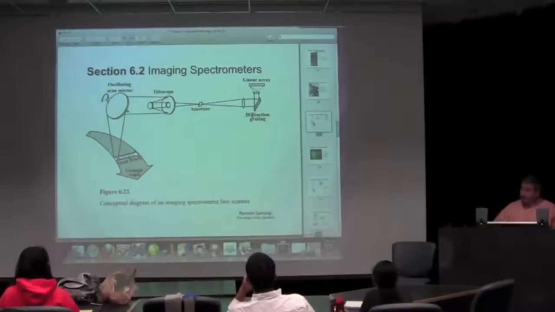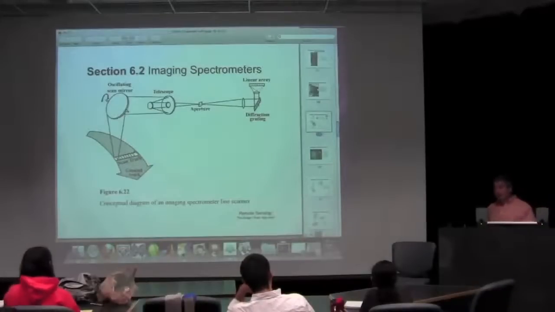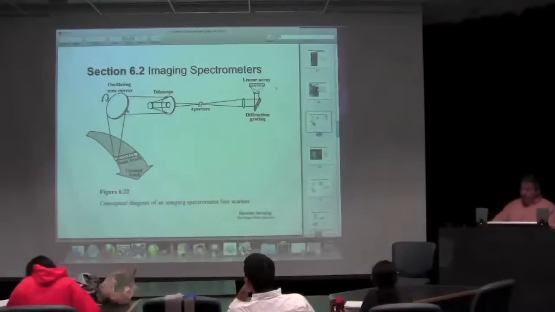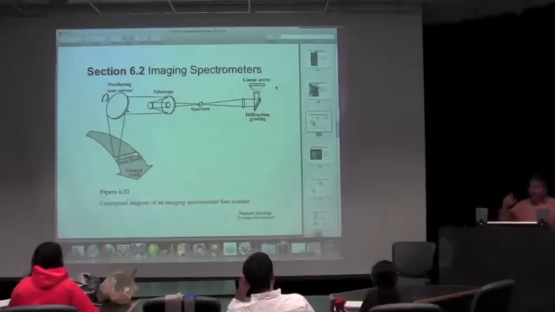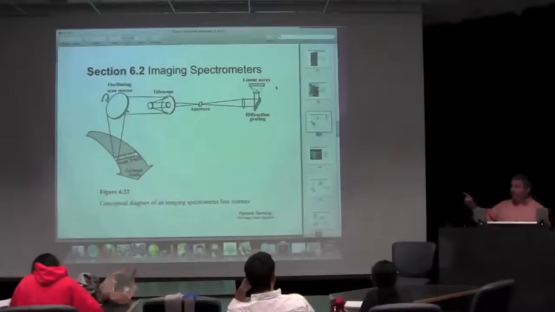Diffraction grating, a wedge interference filter, prism, same thing that we were doing with a multispectral type of system. But now, rather than having discrete individual detectors that we might place at different places along that dispersed electromagnetic spectrum inside the system, now we're going to place a linear array, which assures that we have continuous coverage across that whole spectrum.